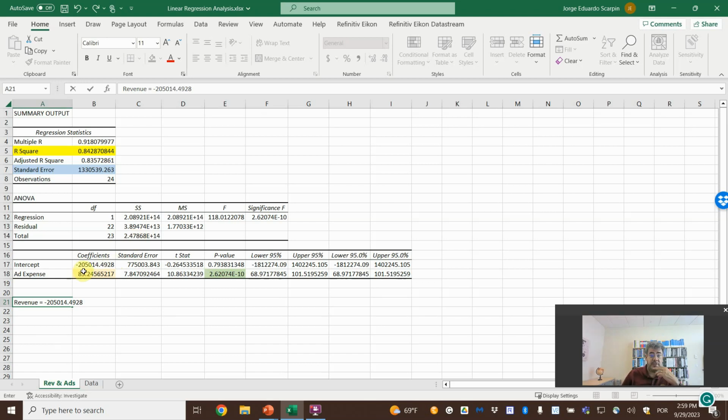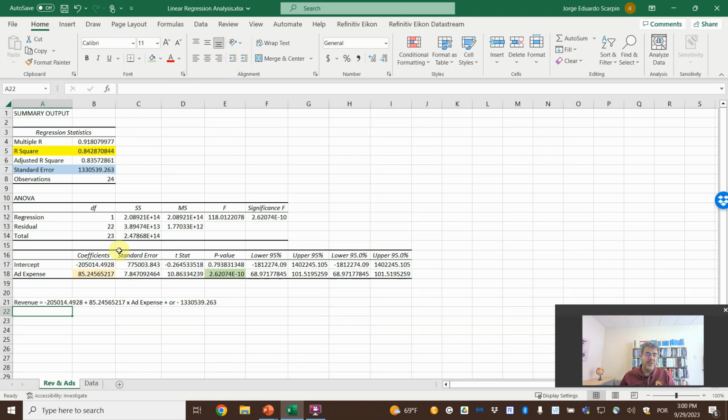So we consider the sign here, plus 85.2456521 times ad expense, plus or minus our error, our standard error, 1,330,539.263. So this is our regression equation. So this is our revenue equation for this one.